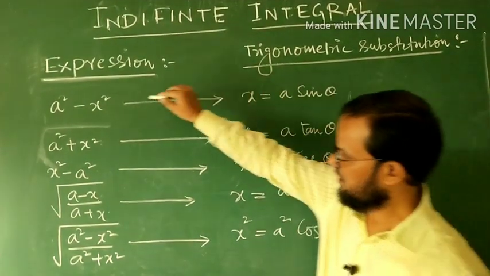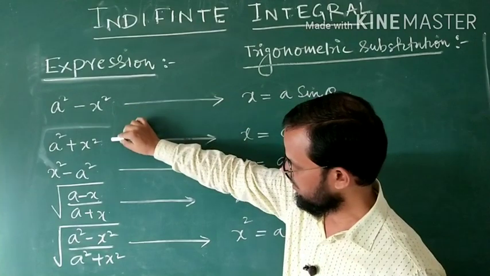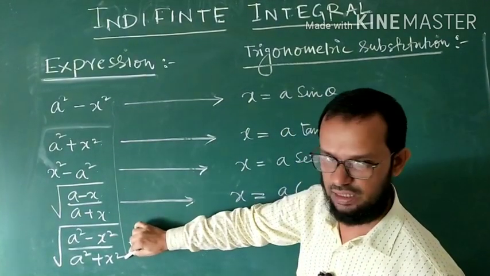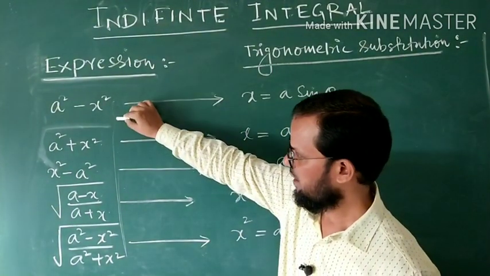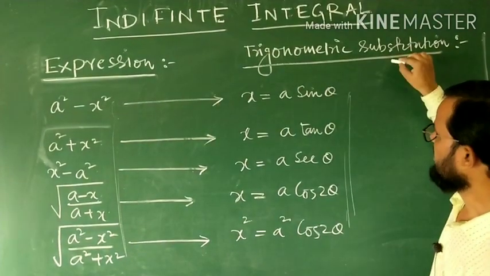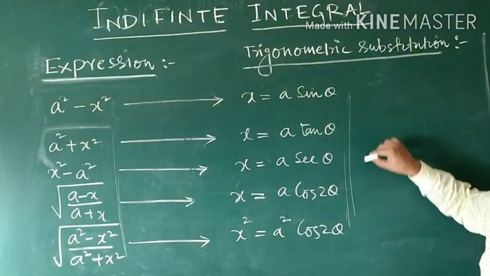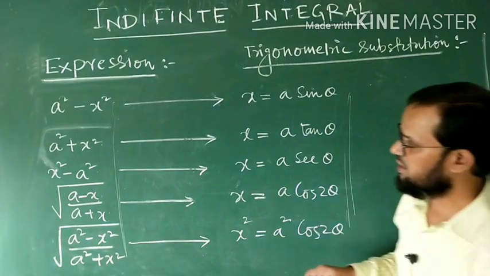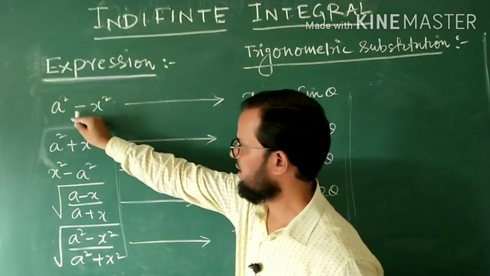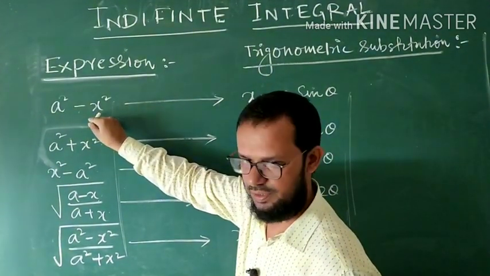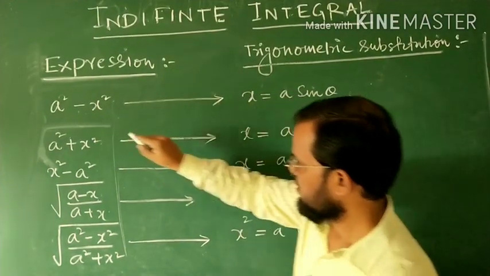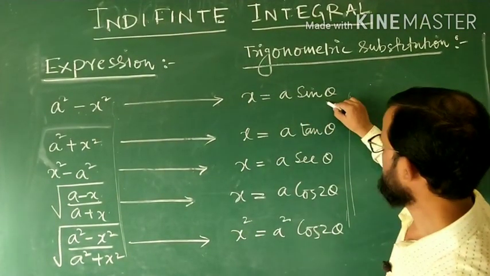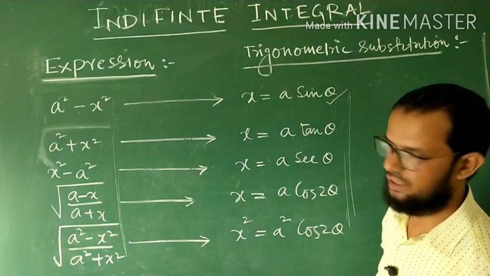Suppose in the left hand side you have some algebraic expressions, and in the right hand side there are trigonometric substitutions. In this algebraic expression you see a square minus x square, a very standard algebraic expression. Here the trigonometric substitution can be x is equal to a sin theta.